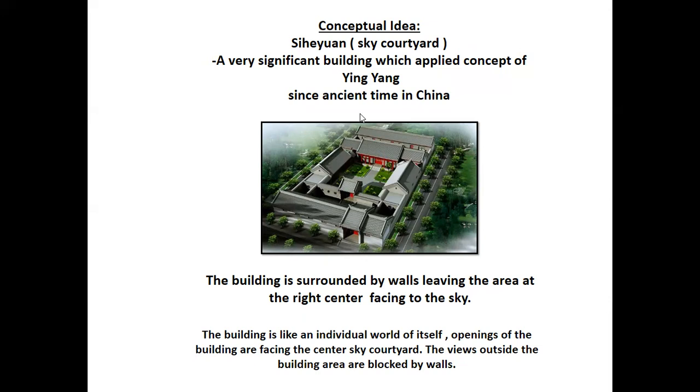The most obvious contrary element used by the building in the concept of yin-yang is the earth and heaven. Besides, the building is like an individual world of itself because the openings of the building are facing the center sky courtyard. The views outside the building are blocked by the walls.